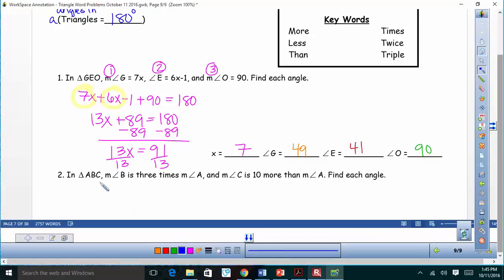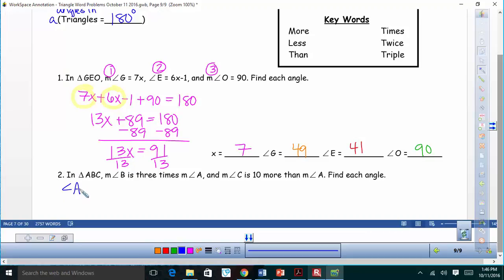So in triangle ABC, it tells me that the measure of B is 3 times the measure of angle A. And then measure C is 10 more than measure A. What is the only measure that they didn't tell me? A. So the measure that they do not tell us is the measure that we're going to let be x.